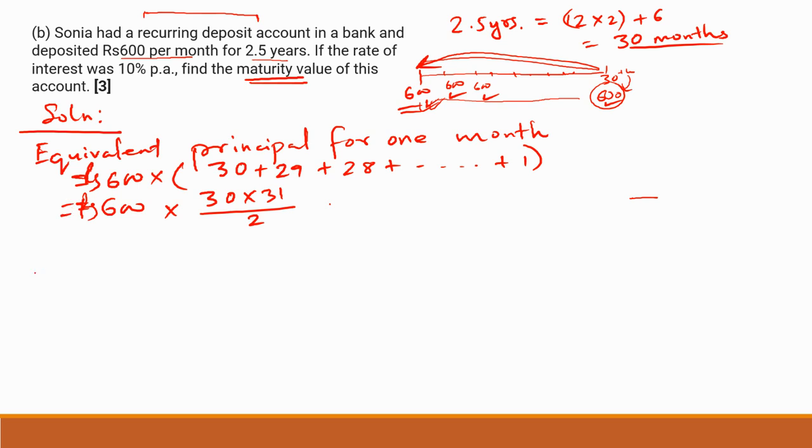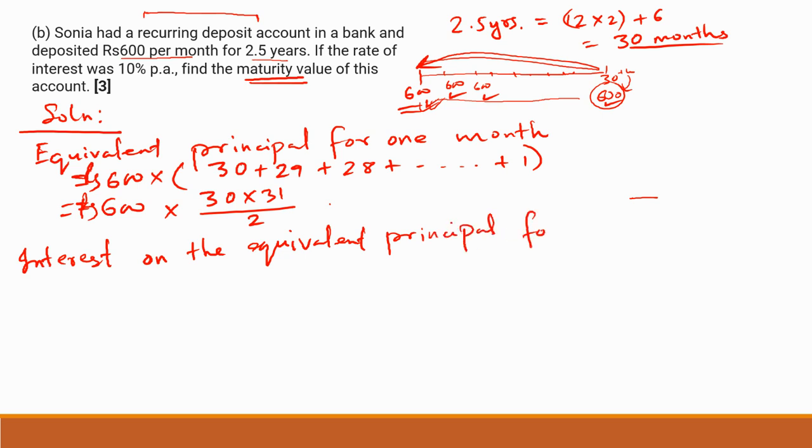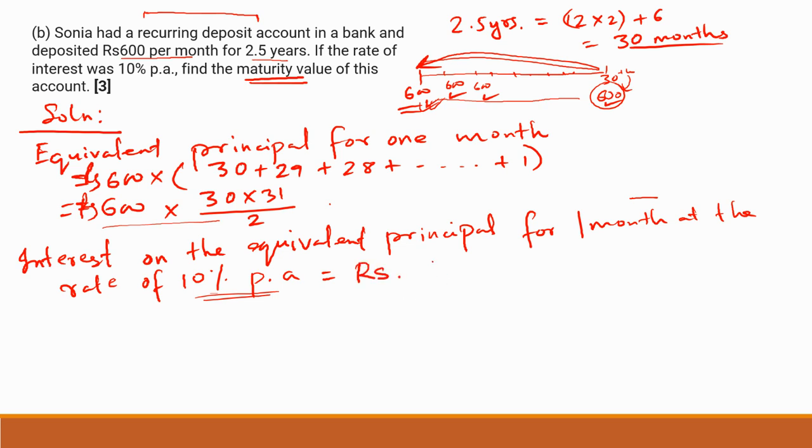Now this is in rupees. So what is the interest on the equivalent principal for 1 month at the rate of 10% per annum? 10% is the rate Sonia gets for 1 year.